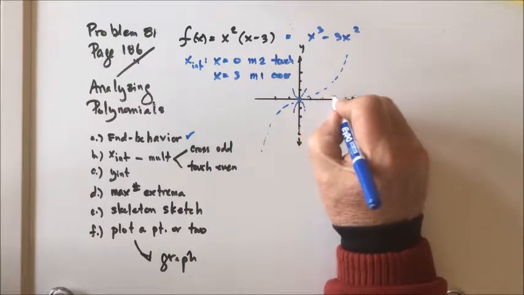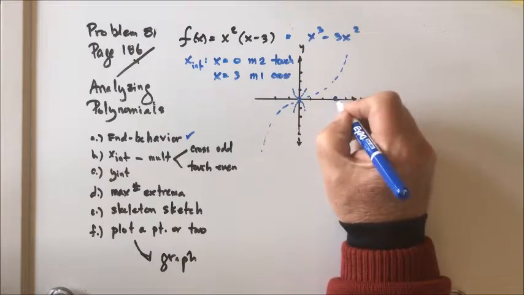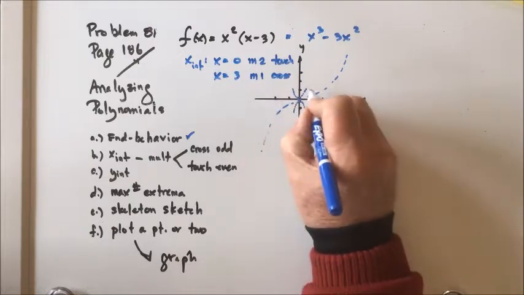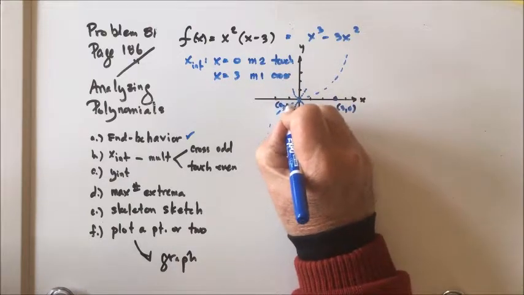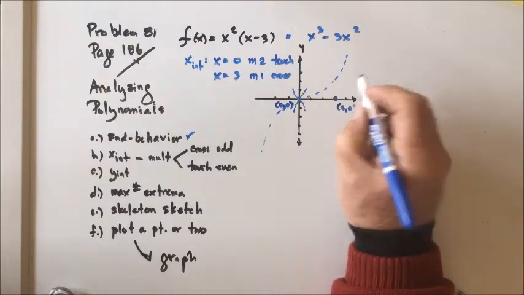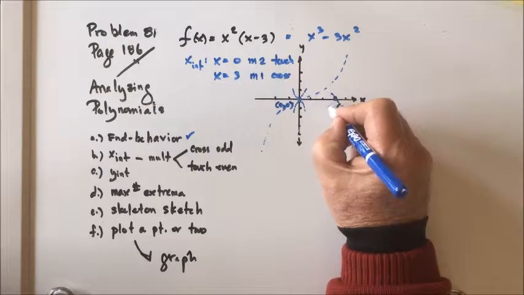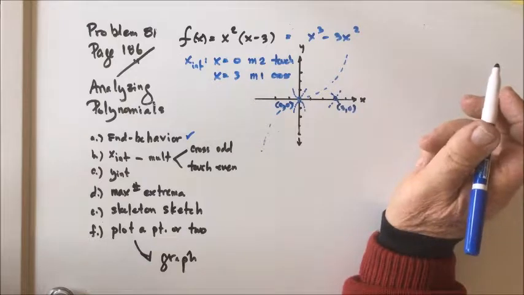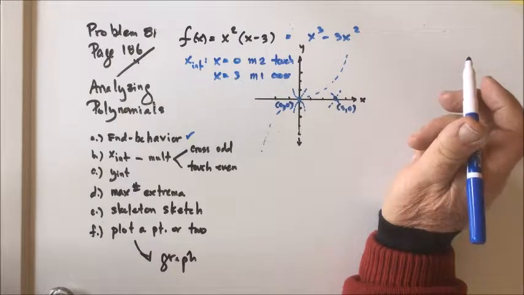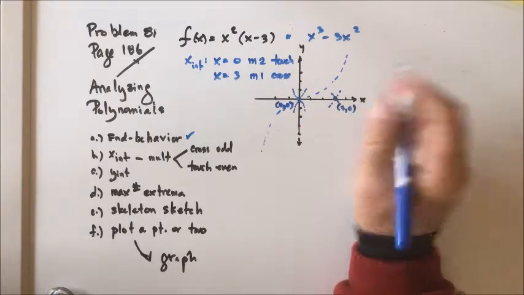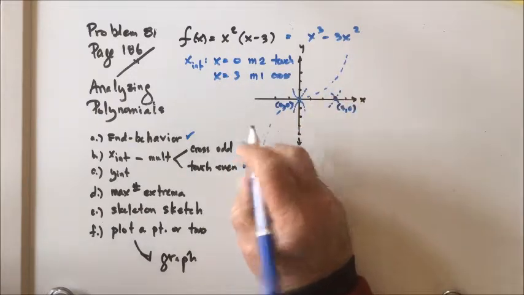And you can come over and plot this point right here. This is the point 3, 0, one of the roots. This is the point 0, 0, another one of the roots. And in this case, it's going to cross. So the graph is either going to do this or it's going to do something like that. So that's just a reminder to yourself. You have plotted 2 points of the graph here, and we've completed that.